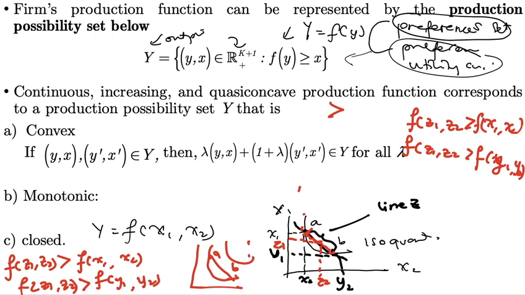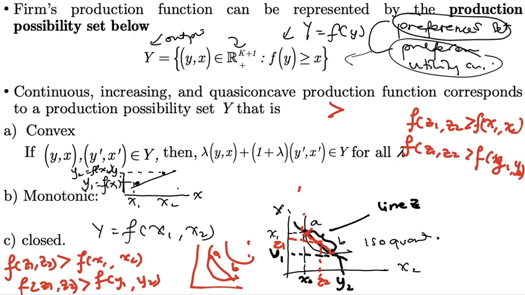But the basic idea is that when we have monotonicity, if you have x1 and x2 here, okay, so this is x and then this is y. So this is actually y1 equal to f(x1), isn't it? And then we have this y2 equal to f(x2).